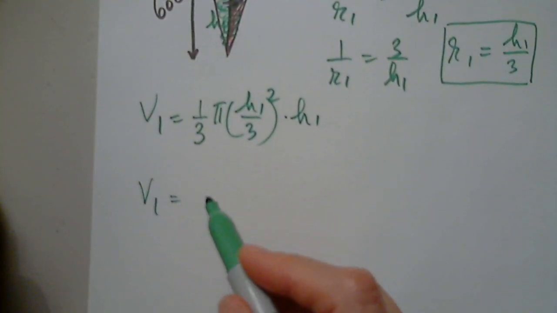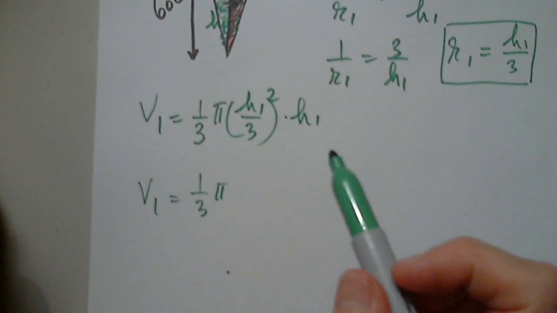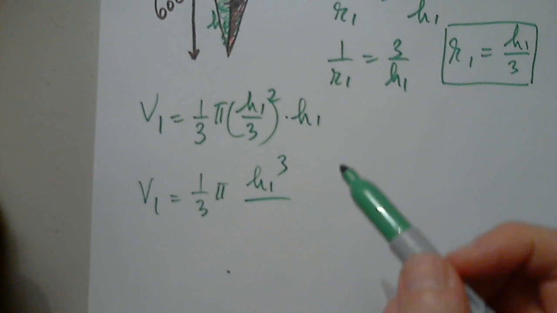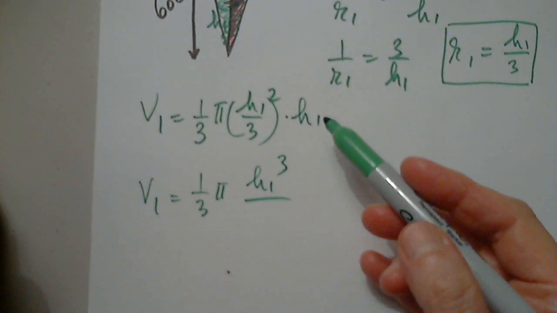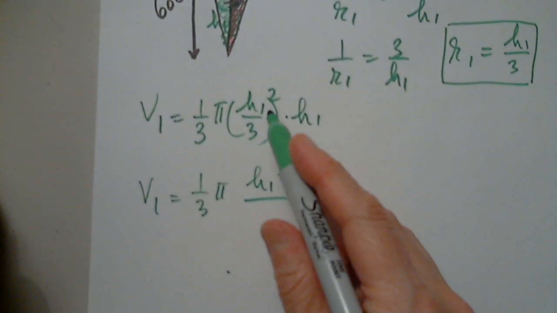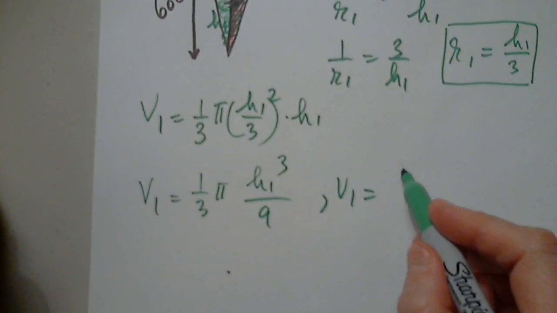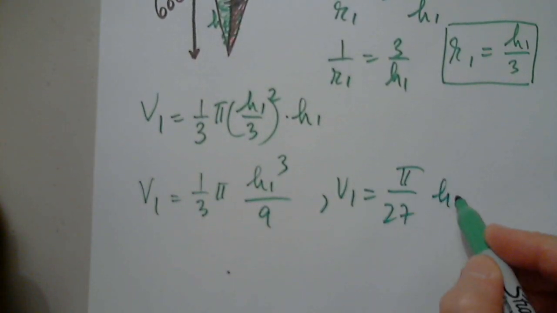So V1 equals 1/3 pi times H1 squared, times another H1, so it's H1 cubed, over 3 squared, which is 9, or V1 equals pi over 27 H1 cubed.